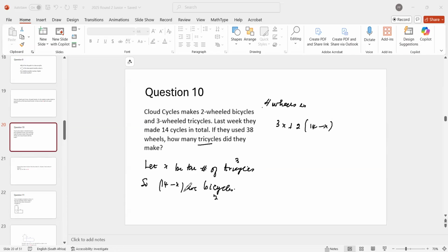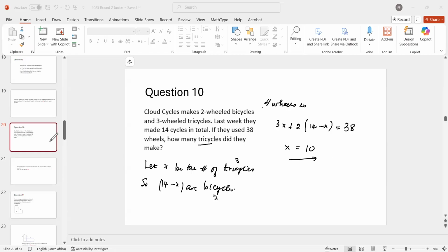And this is the contribution of the bicycles. But we know that this is equal to 38. You are told that 38 wheels were used in total. So when you solve for x, you get 10. And that is the number of tricycles. So that's the answer.